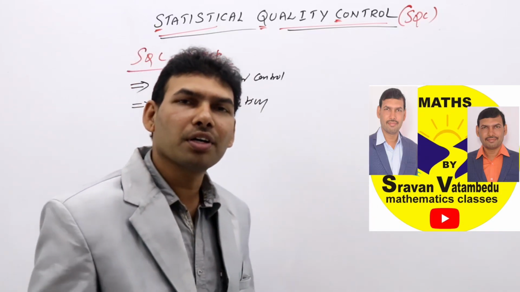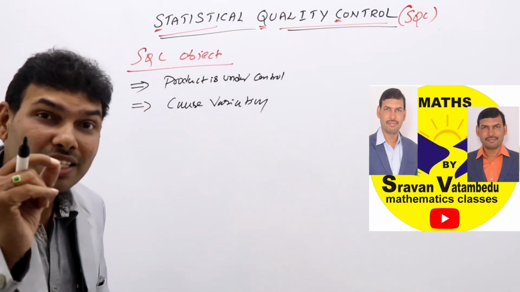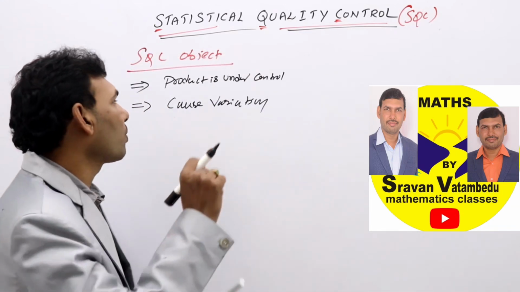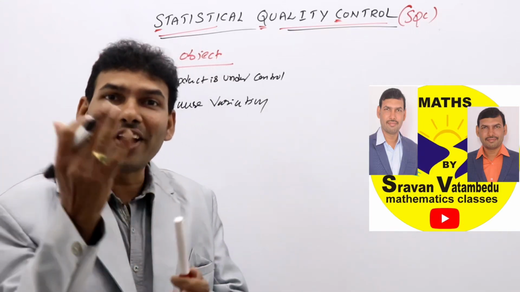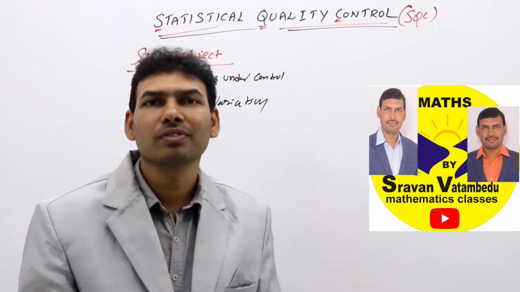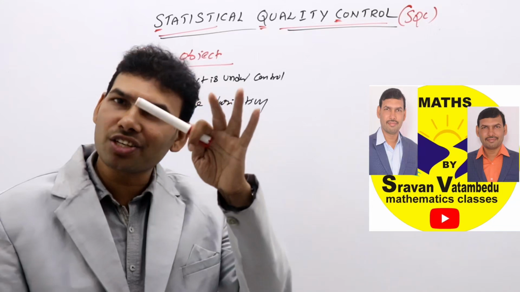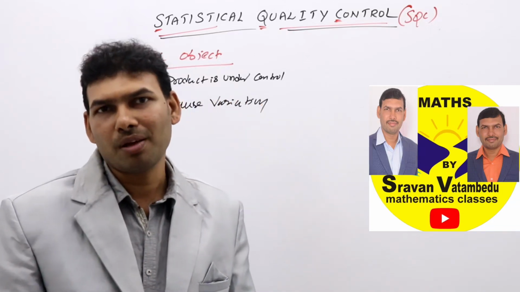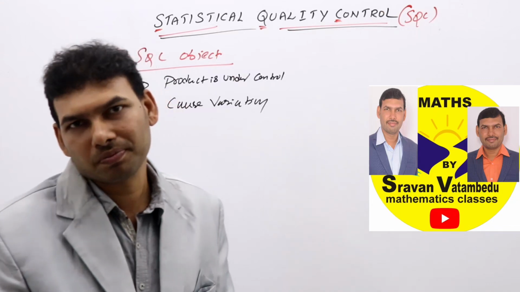If you find the process is out of control, what are the causes of out of control, the causes of variation? Why did we get variation from our standards? We keep one standard, but after the first stage of production, the product is not up to the standard, maybe in the process or after completion of the process.